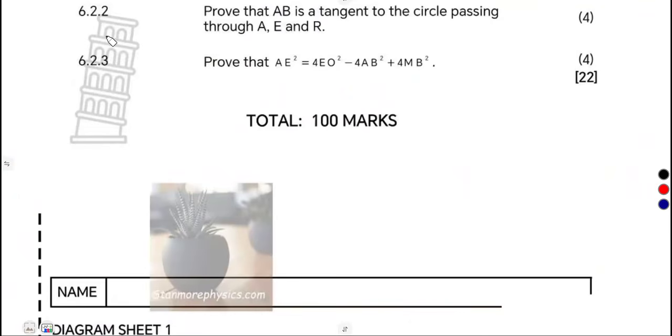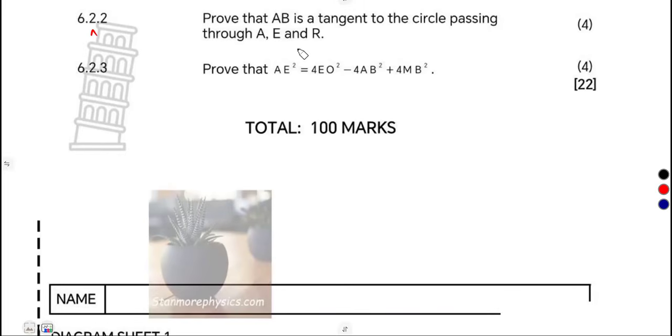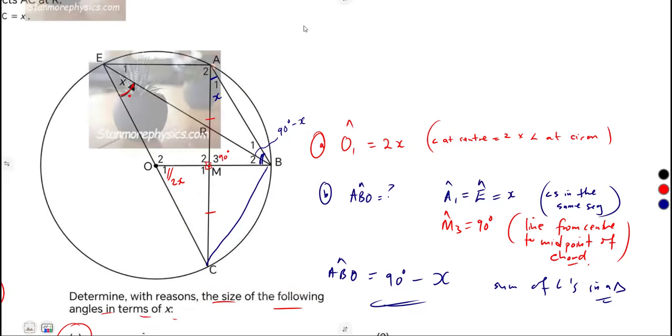Then here we have got 6.2.2, where we need to prove that AB is a tangent to the circle passing through A, E, and R. From A to E, then to R like this. So they're saying the circle is going to pass through that.